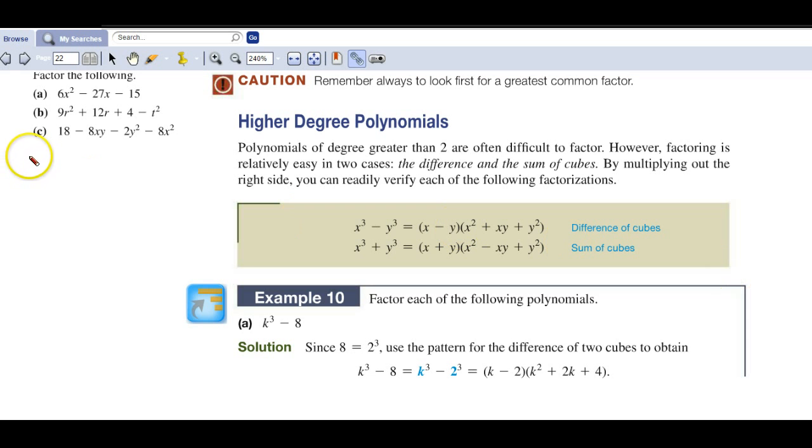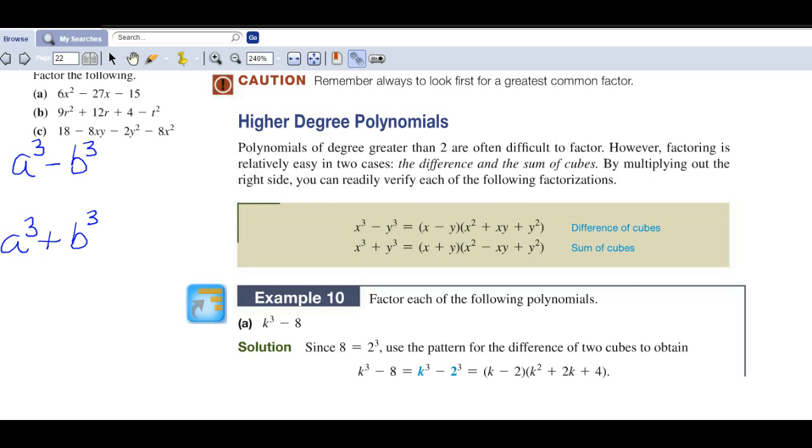And we'll use different letters. A to the third minus b to the third, a to the third plus b to the third. Now, this is the recipe, and you just have to study it and memorize it, and again, follow the formula.